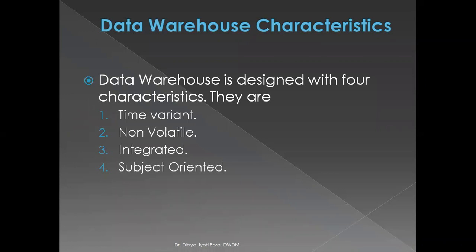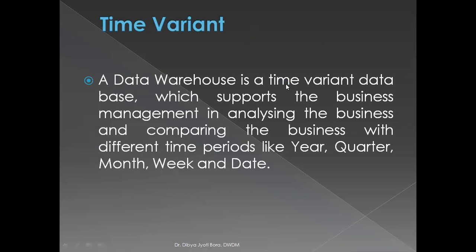In brief, as I mentioned a few minutes back, and in detail, the answer is that these properties, time variant, non-volatile, integrated, subject oriented, are fulfilled by a data warehouse, but not by a common DBMS or database.